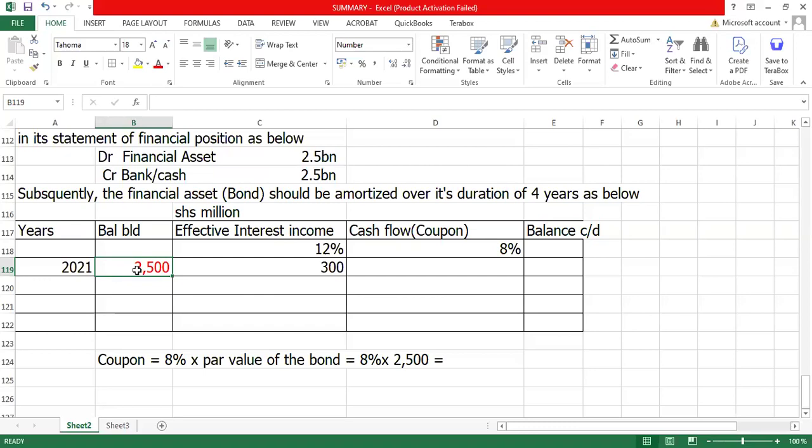If you're holding the asset just for trading, then also you cannot use amortized cost. We talked about those things yesterday. Where you're not using amortized cost, you don't add the transaction cost. The transaction cost will be immediately expensed. Here you're capitalizing those transaction costs.